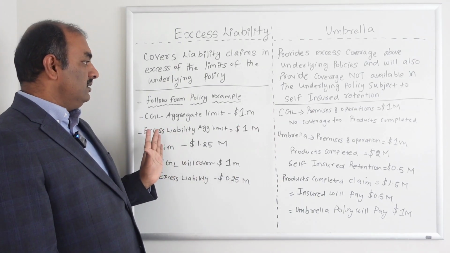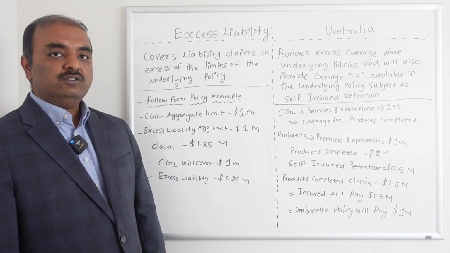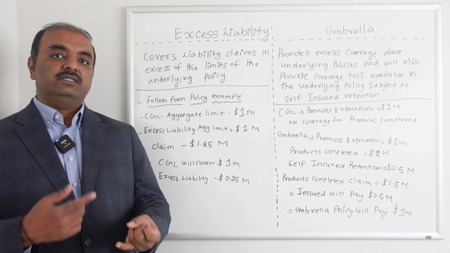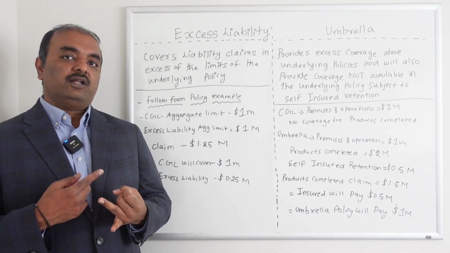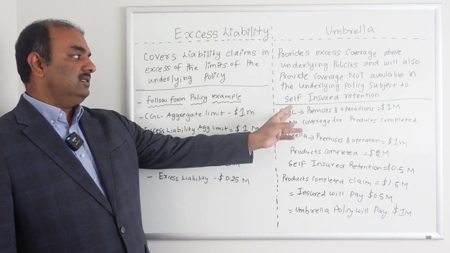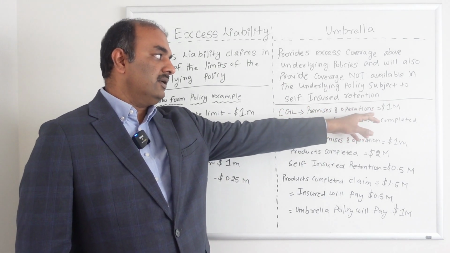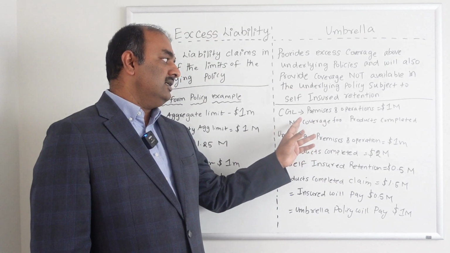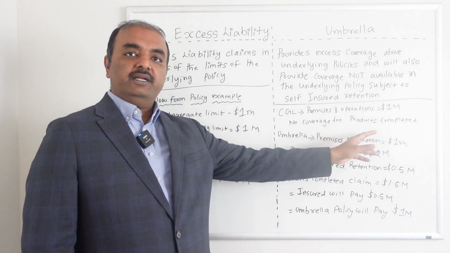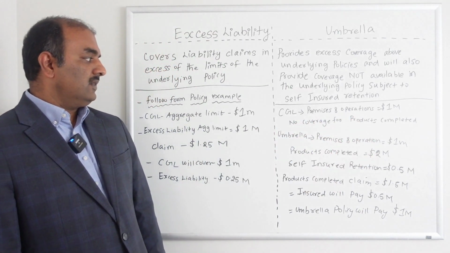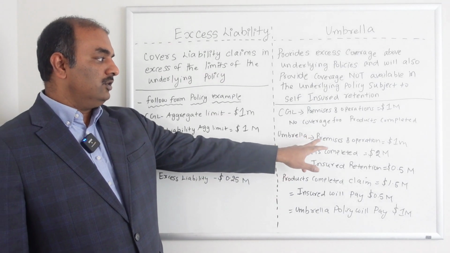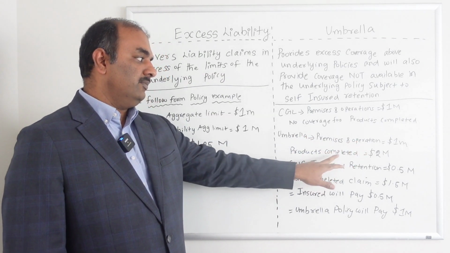Same example, CGL policy. Most of us know in CGL we have premises and operations coverage and products completed operations. So the CGL has premises and operations coverage for 1 million, but CGL does not give you products completed operations. Now you have an umbrella policy which covers both premises and operations and products completed operations.